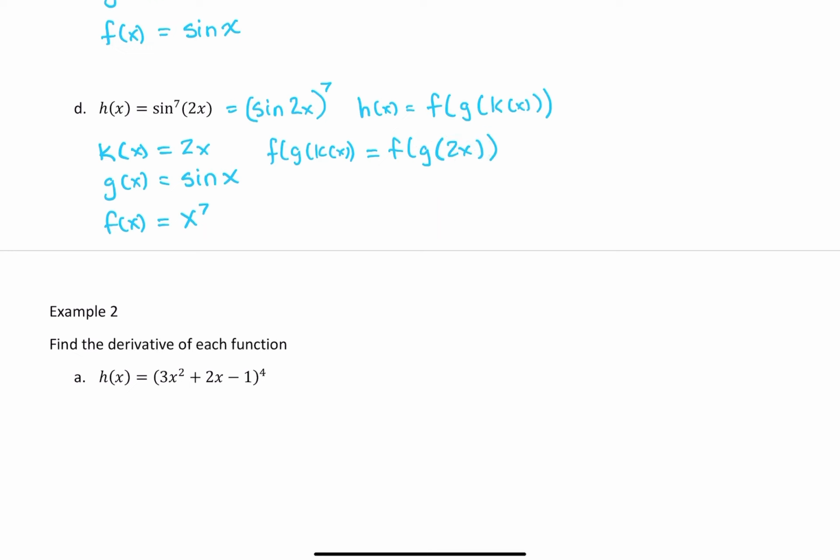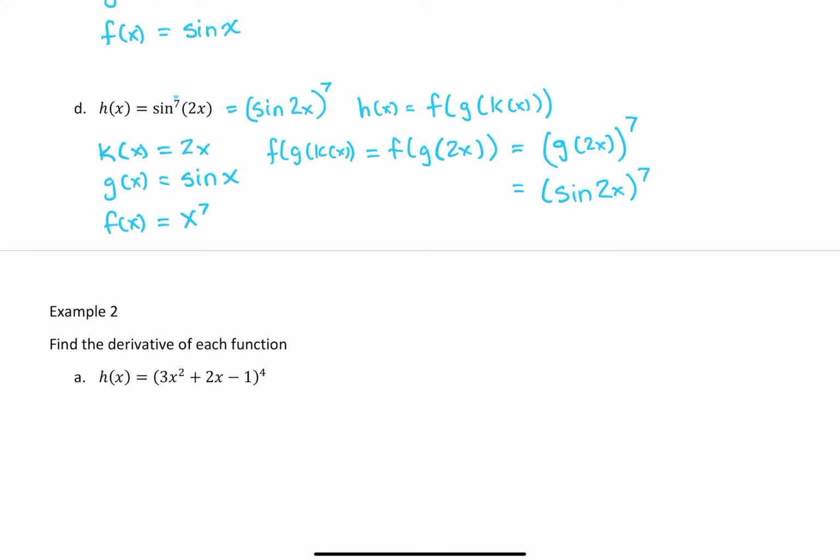So you're really looking at f of g of 2x, which is the same thing as, in the f function, we're going to have g of 2x to the 7th power. But then what is g of 2x? So g of 2x is going to be the sine, and then in the place of x, we put 2x, so we get sine 2x to the 7th.